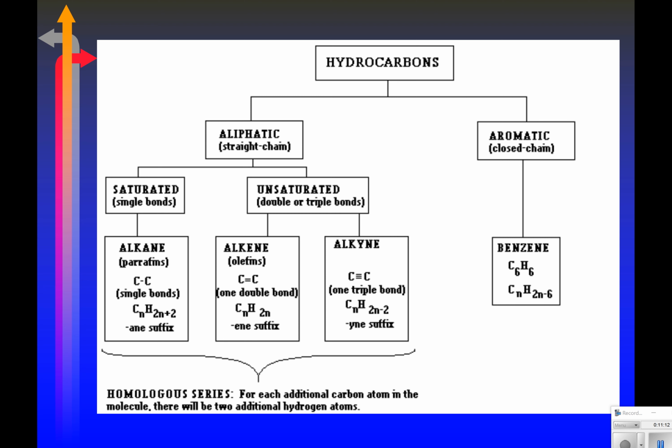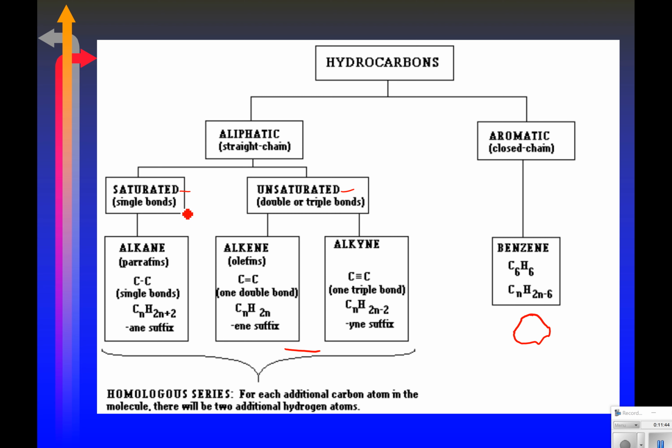Now, a little overview of a few different types of hydrocarbons. These hydrocarbons can be either aliphatic, meaning that they're a straight chain hydrocarbon, or they can be aromatic, meaning that it's a closed chain hydrocarbon or a ring. So these ones are going to be straight chain, aromatic are going to be closed chain. And the aliphatic, which we're going to focus on mostly, can either be saturated or unsaturated.